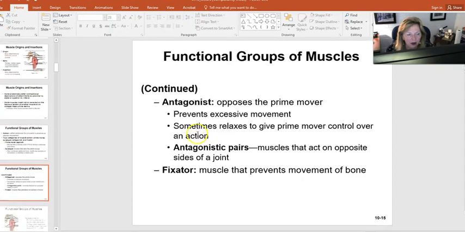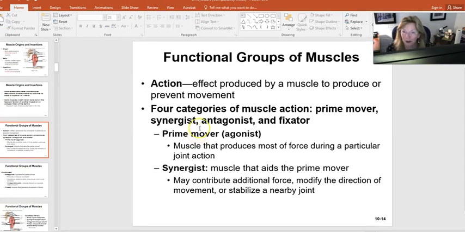These are things that you would know if you were taking a class that was just on kinesiology, which is the study of movement. You would learn for every muscle its bone origin. You would learn its bone of attachment, which is the insertion. You would learn what nerve innervates it, and you would learn what type of action it actually has.